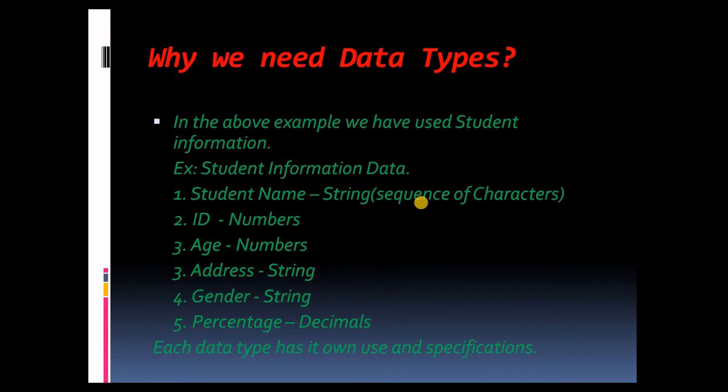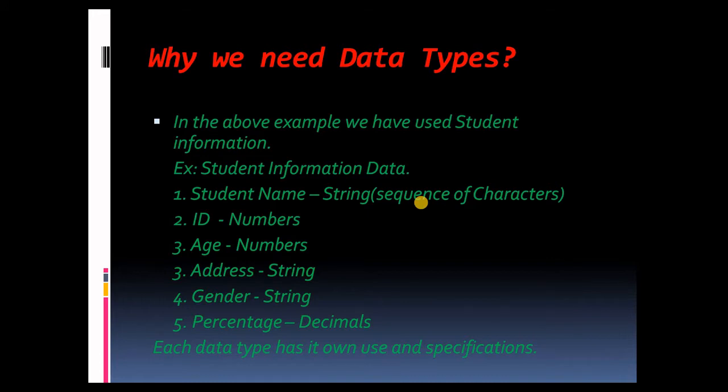So why do we need data types? If you take the example below, student name, ID, age, address, gender, and percentage, and look at this information carefully, student name is a string, whereas ID is a number, and age is again a number.